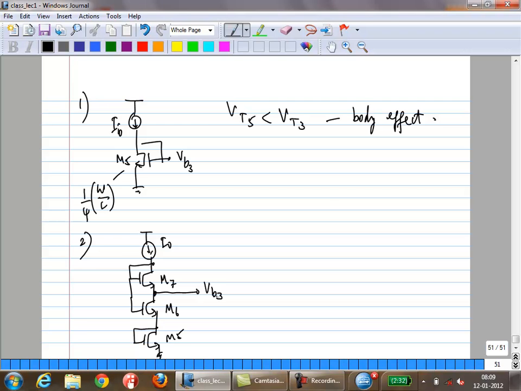If you do that, VGS7 will become almost equal to VT7, right? So you're biasing it almost in subthreshold, close to the moderate or weak inversion region.